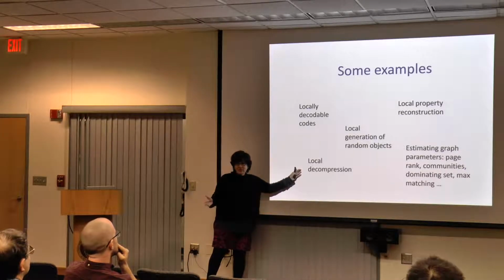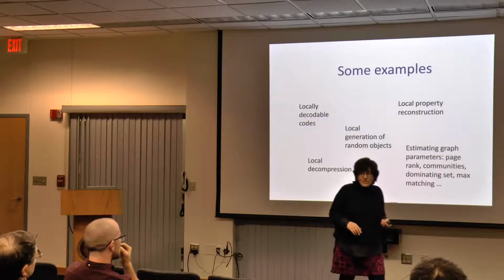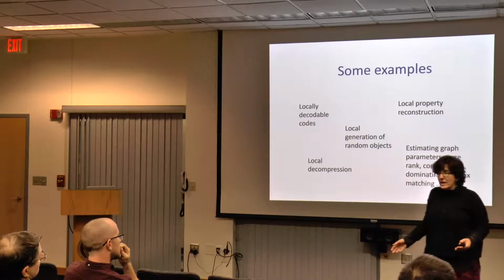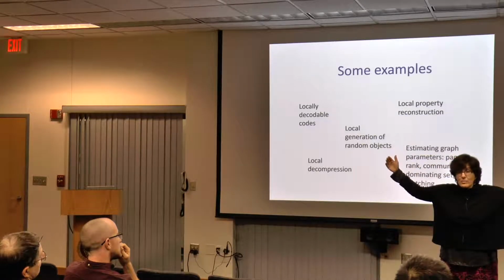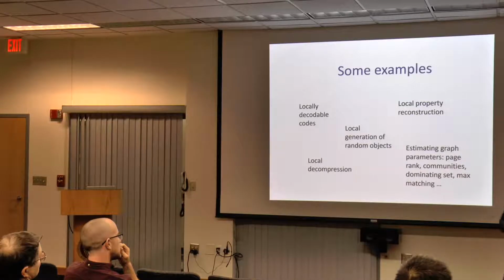Analogously, local decompression. What you would want from local decompression is a system where the input is the compressed data, and you would like to decompress the parts of the data that you're interested in. Maybe you want to do binary search. Now what does it mean?